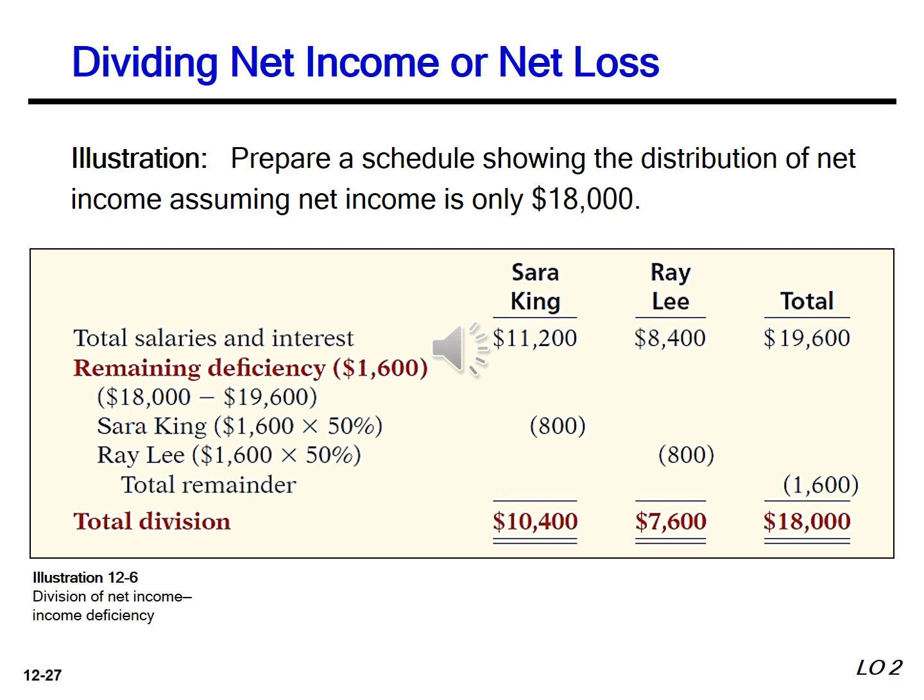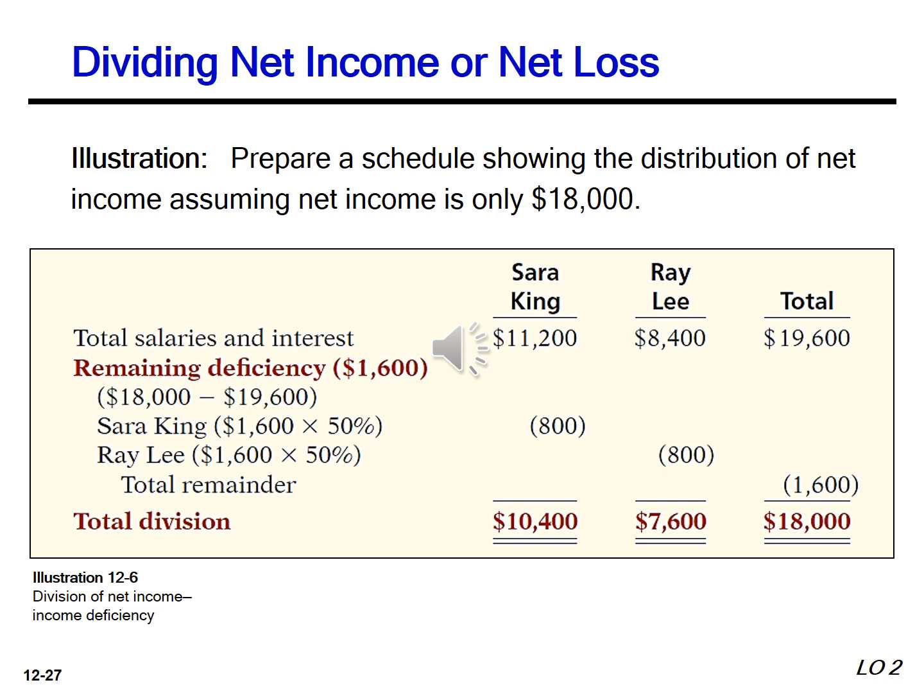So what do we do in this case? In this case, instead of having a balance, now we have a remaining deficiency of 1,600, which is 19,600 minus 18,000. So that means for Sarah King and Ray Lee, where they usually split the balance 50-50, now they are going to split the deficiency 50-50.